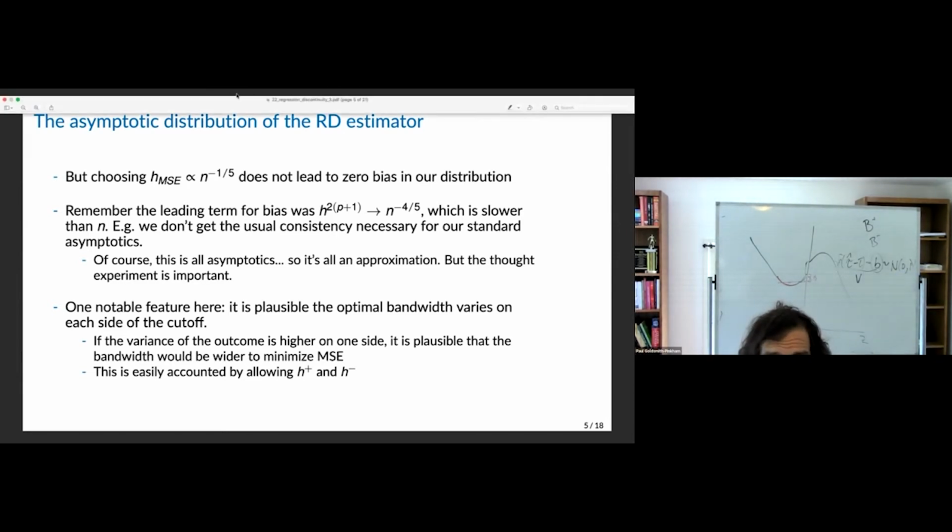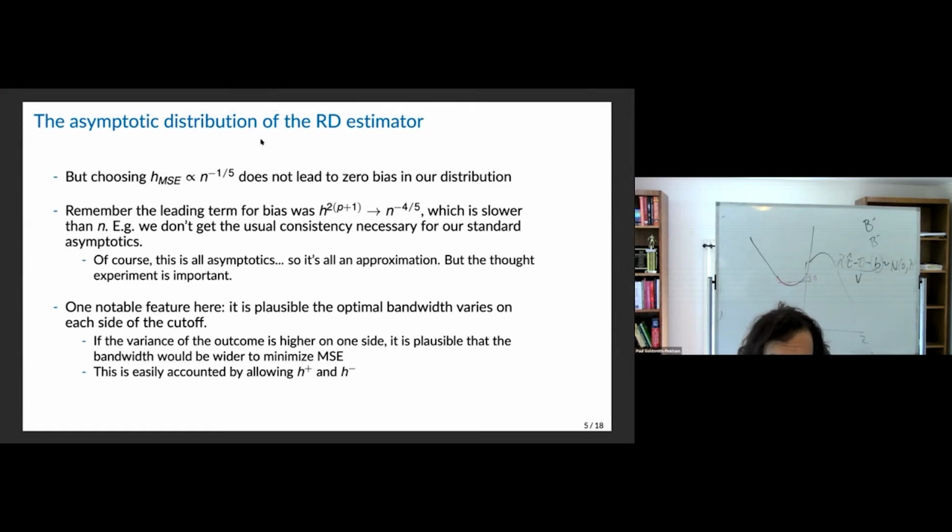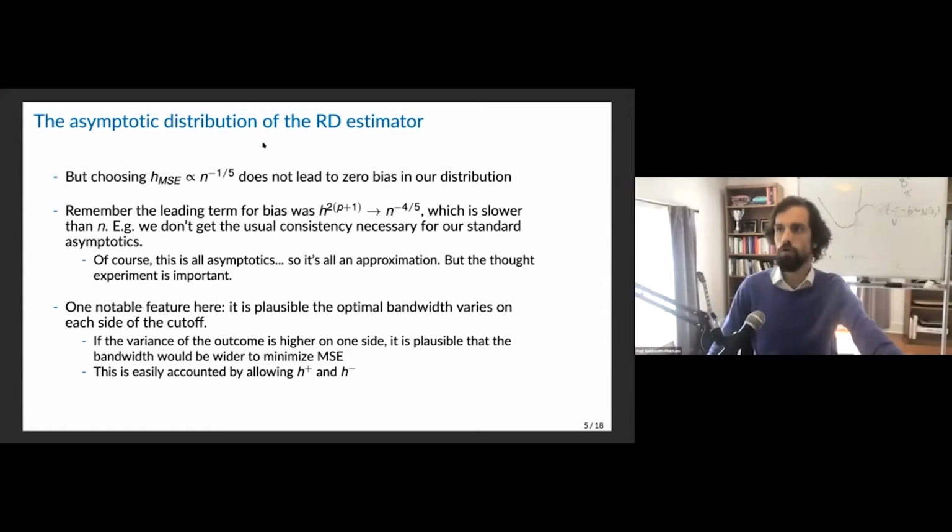So what does that mean other than being interesting econometrically? Well, the first point that I want to emphasize is, remember, this is all an approximation. We're talking about n to the 1/5 versus n to the 2/5. Who cares?